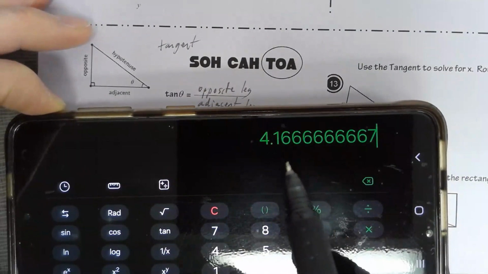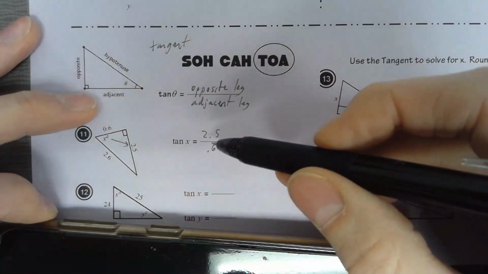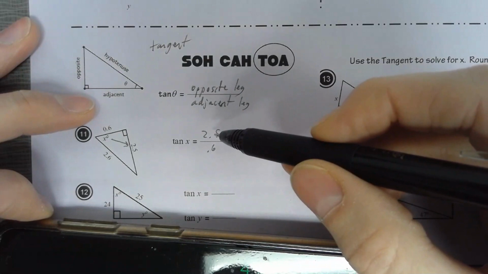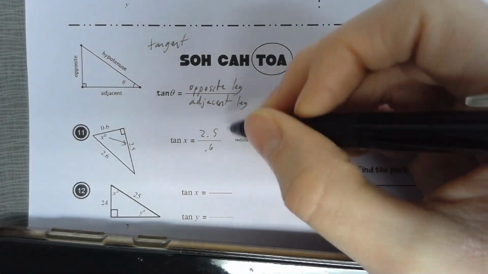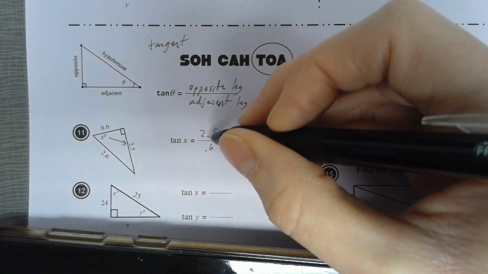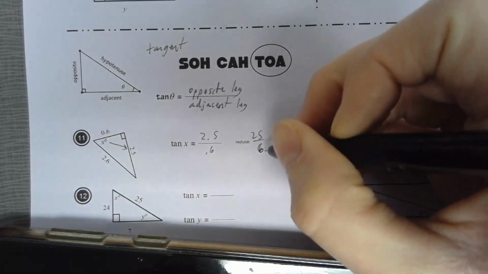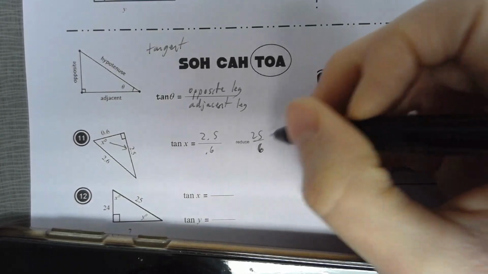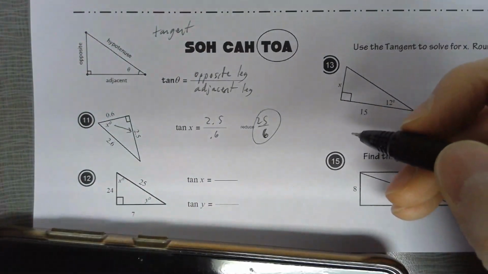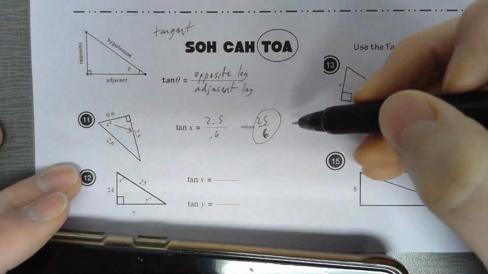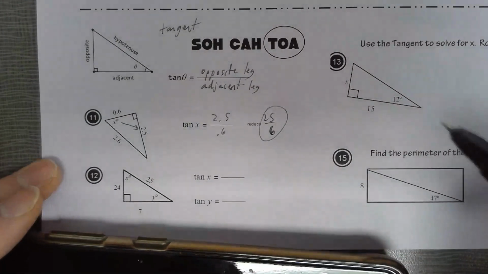And I don't know off the top of my head what that's going to be as a fraction. What I can do instead is multiply both by 10 to move the decimal one place to the right. So that'd be 25 over 6. And 25 and 6 don't have any common factors, so that is our reduced fraction, 25 over 6. So even with decimals, you can write a reduced fraction with integers if the decimals terminate.